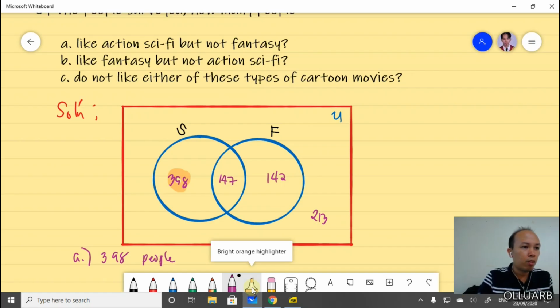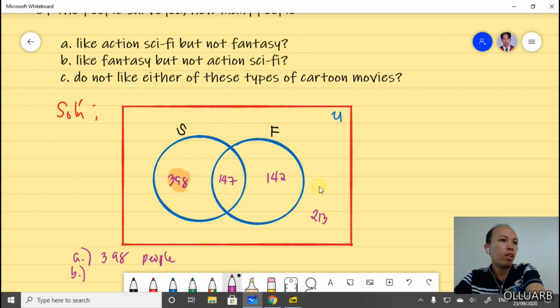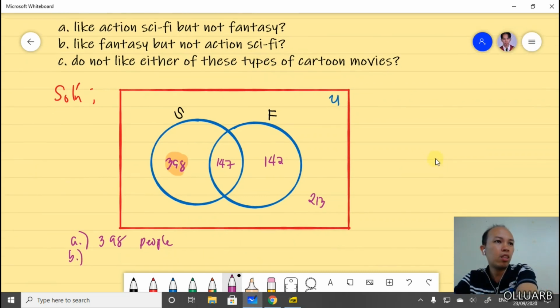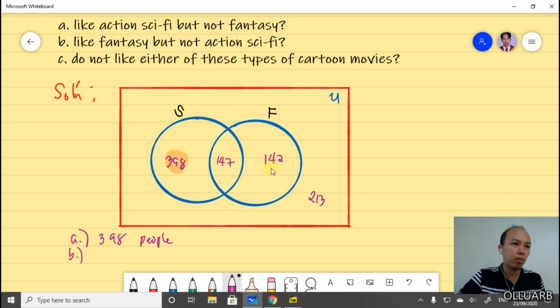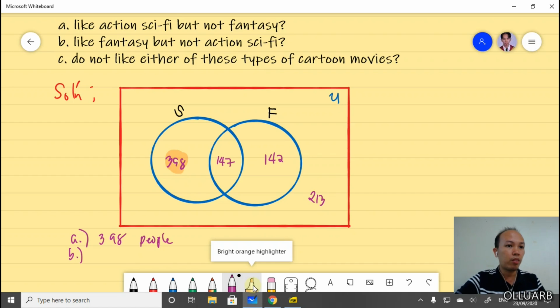Okay, for letter B, like fantasy but not action sci-fi. So the answer for the second question is this one. Sorry, I have to use a highlighter. Okay, the answer is 142.